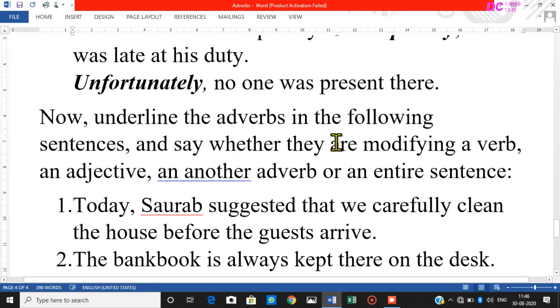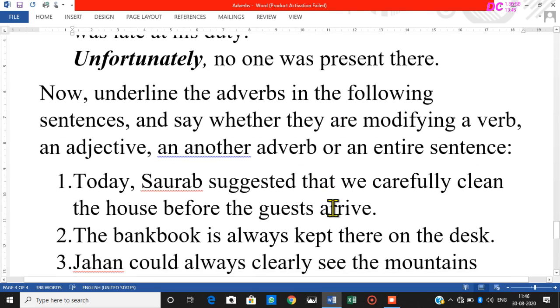You have to underline the adverbs in these sentences and say whether they modify a verb, an adjective, another adverb, or an entire sentence. I have written them already, and you will do it on your own.